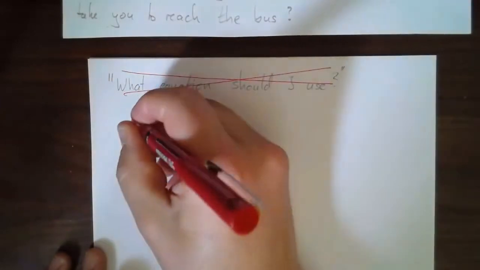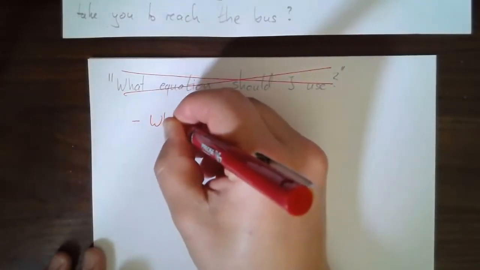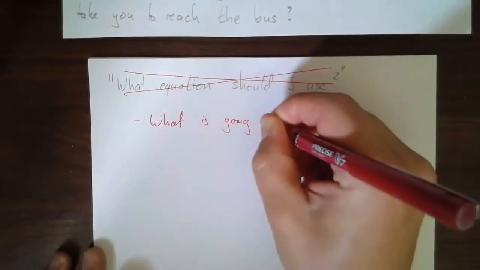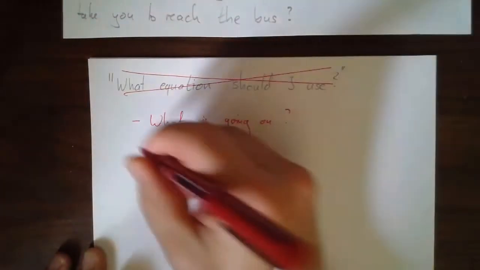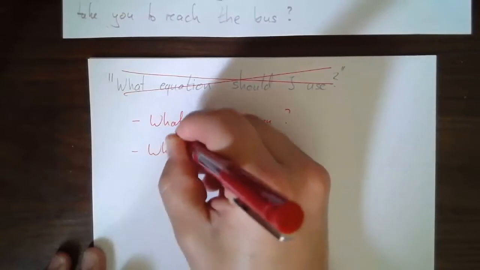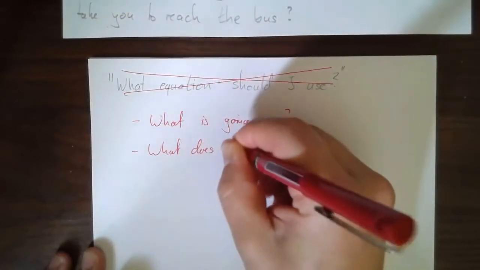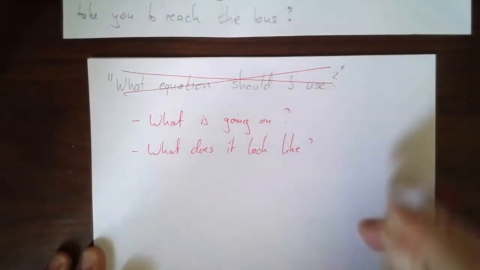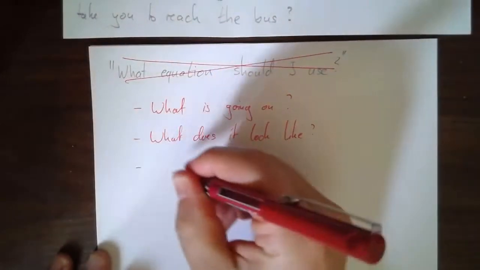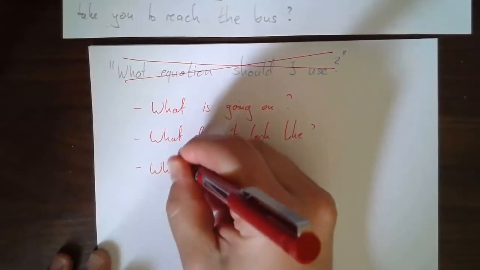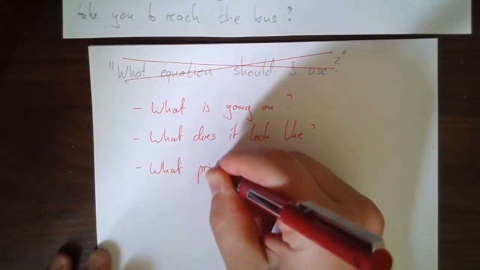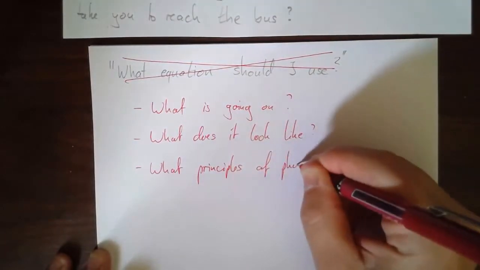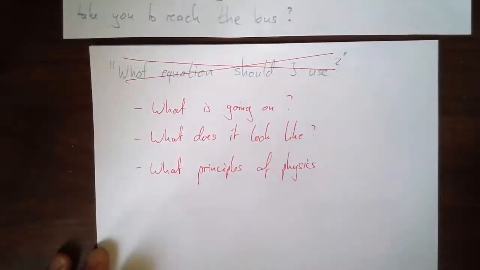Instead you might ask, what is going on? What does it look like? And maybe you can ask, what principles of physics might be relevant here? Or what laws of physics?